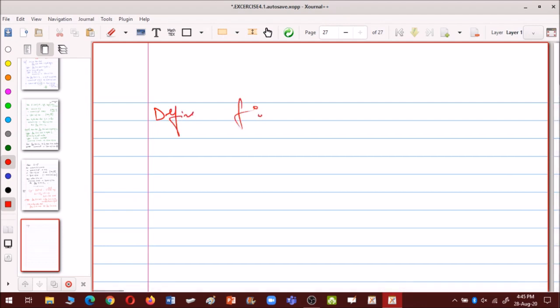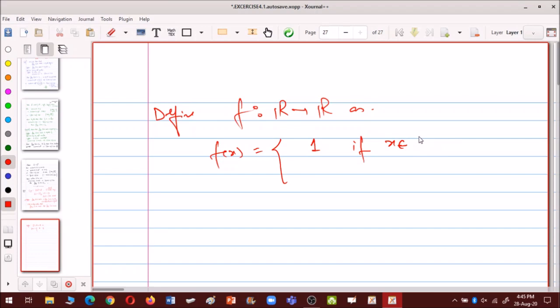Define f from R to R as f(x) equal to 1 if x belongs to [0, 1] and f(x) equal to 2 if x does not belong to [0, 1].